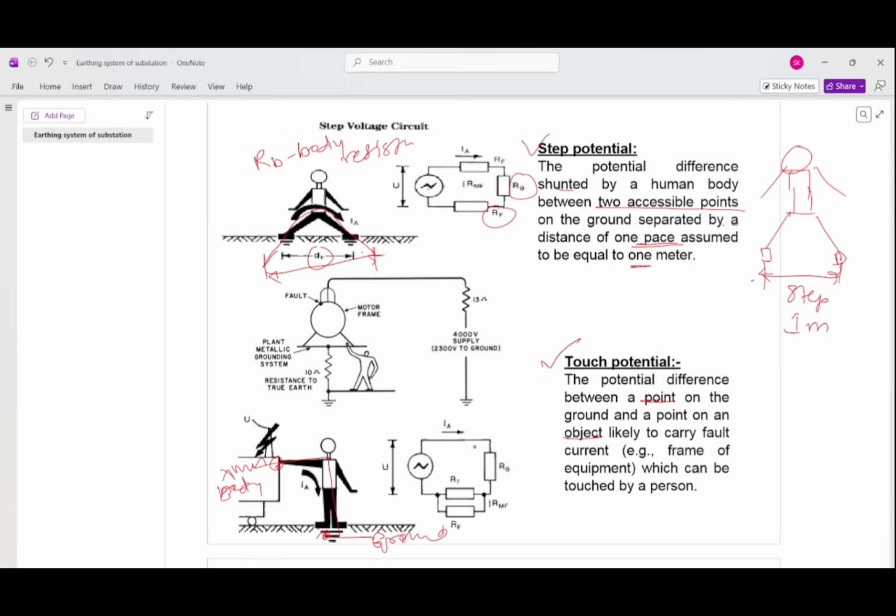So RB is the resistance of the body, and RF is the resistance of the foot, floor resistance. So this path is created, and the human may get electrocuted. It is likely to carry a fault current which can be touched by the person.